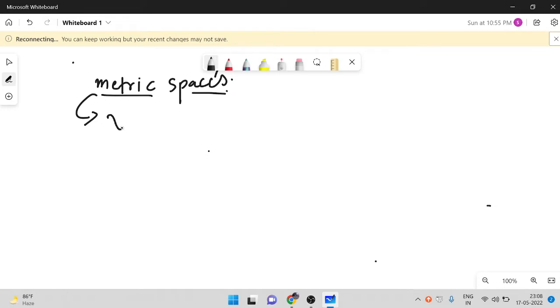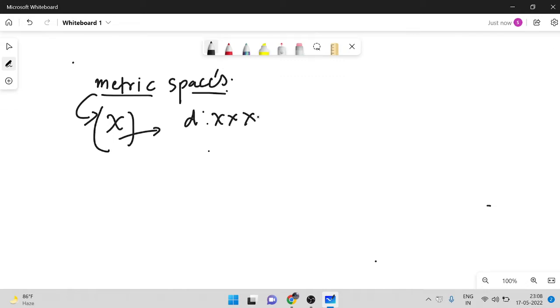So we basically have a set, right? A set is a fundamental object in mathematics, and on this set you define a map to real numbers.